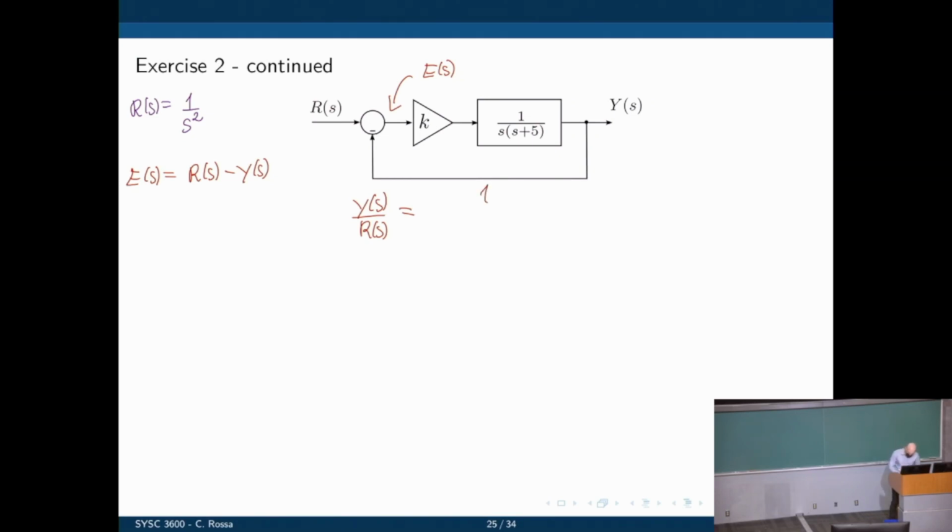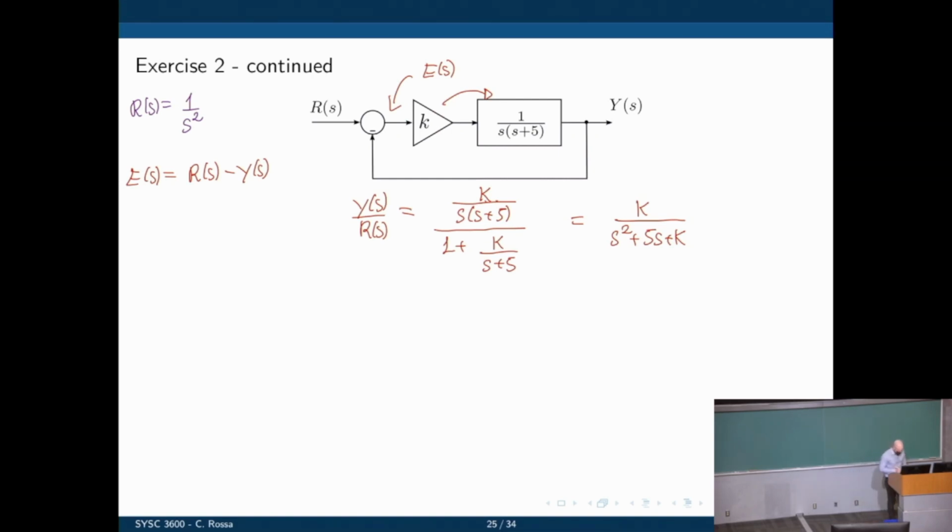It's 1 over s(s plus 5), sorry, K divided by s(s plus 5). I'm just multiplying these two, divided by 1 plus that. And if you solve for this, we should get K divided by s squared plus 5s plus K. So that is the transfer function Y over R.